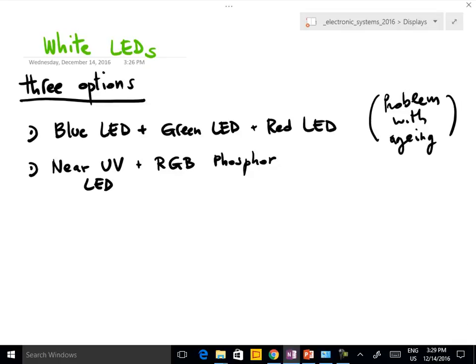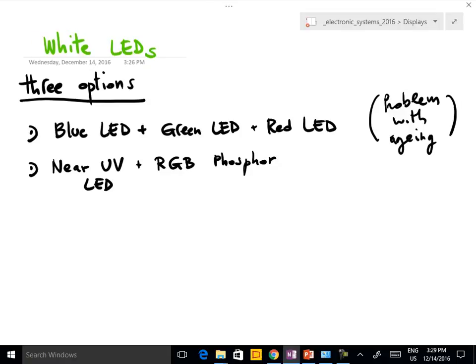Okay, and then an RGB phosphor. What is a phosphor? A phosphor is a fluorescent material which receives light in the UV frequency, and then emits light at a lower frequency, at a lower energy.